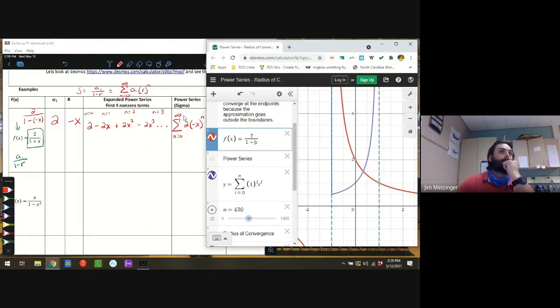All right, power series, the sigma, I need to put my equation in there. Now notice how it's using i's instead of n's. So it's just something you have to pay attention to. So our power series is 2 times negative x to the n. So I can get rid of this 1 to the i here and call that 2. And x should be negative x. Don't put it in parentheses.